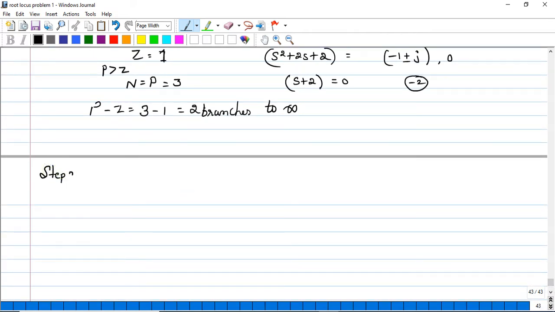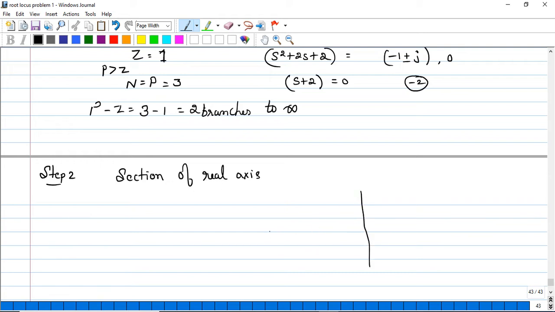Followed with step 2. Step 2 is about the section of real axis. We need to plot the section of real axis. Very simple.